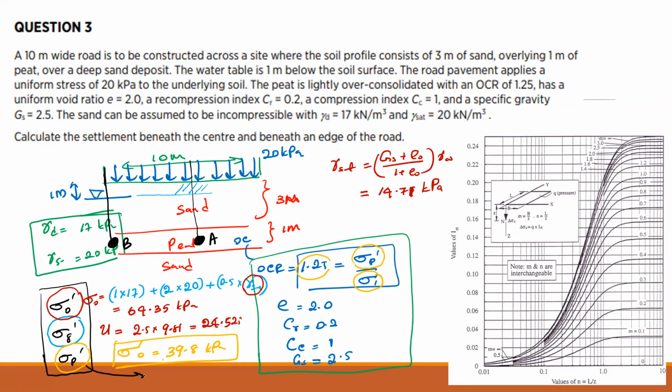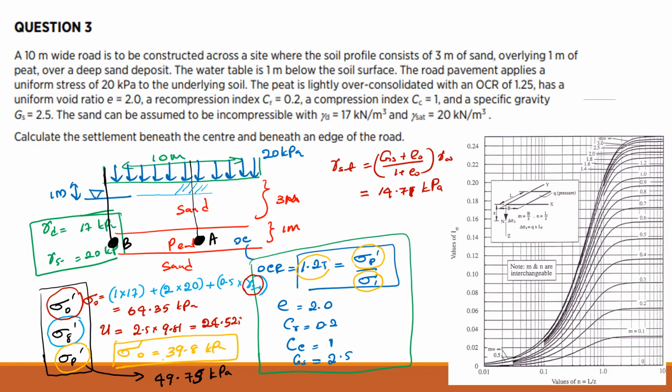So this value is 49.75. 39.8 times 1.25, right? I got 49.75. That's fine, I must have done some rounding somewhere. It's okay. All right, so these two are found.